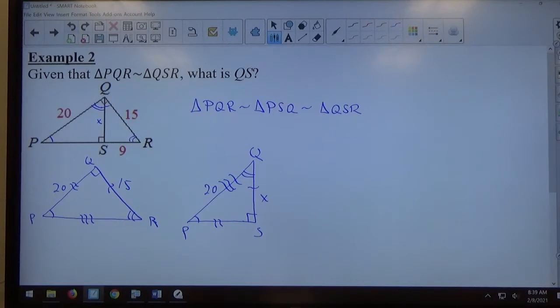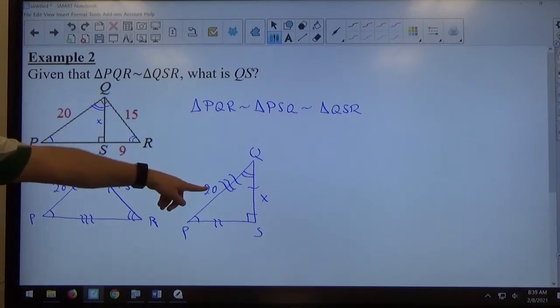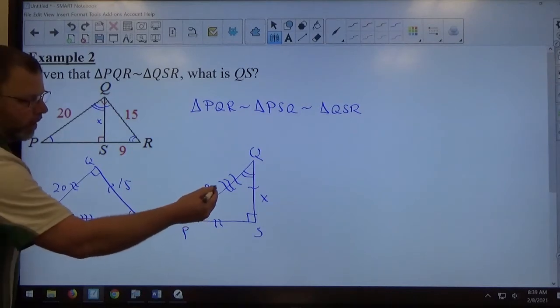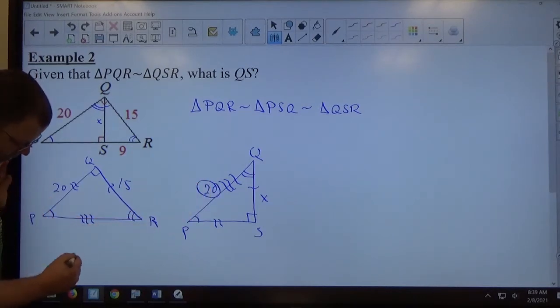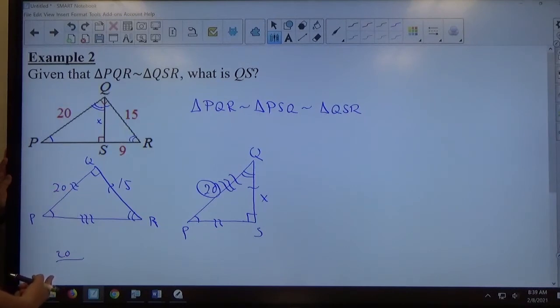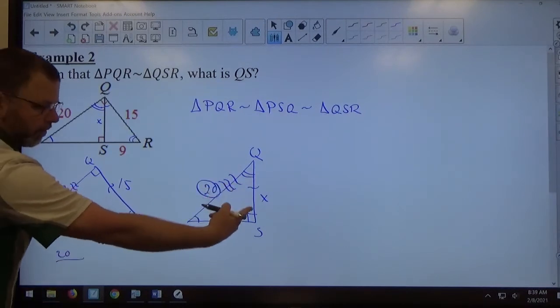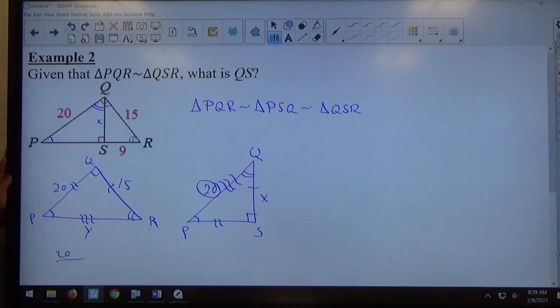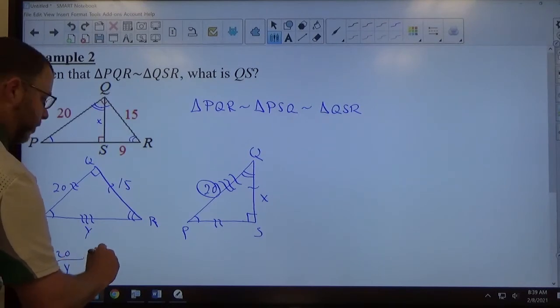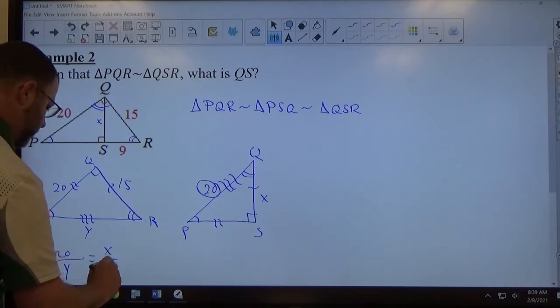If I set up a proportion, if I put 20 on top, which one of these sides would go on the bottom? X. But we're already using X over here, so maybe this is Y. So 20 over Y, and then X would go over 15, right?